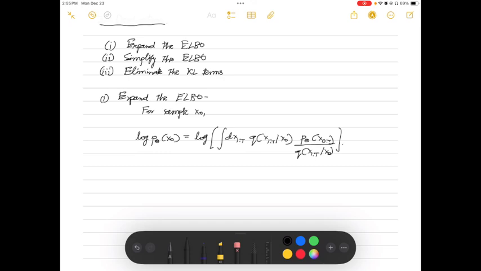So what did we do in this step? We basically expanded the log probability of the sample x naught over the entire chain. So let's draw the chain here. We have x naught, x1, x2, and so on all the way till x_T.